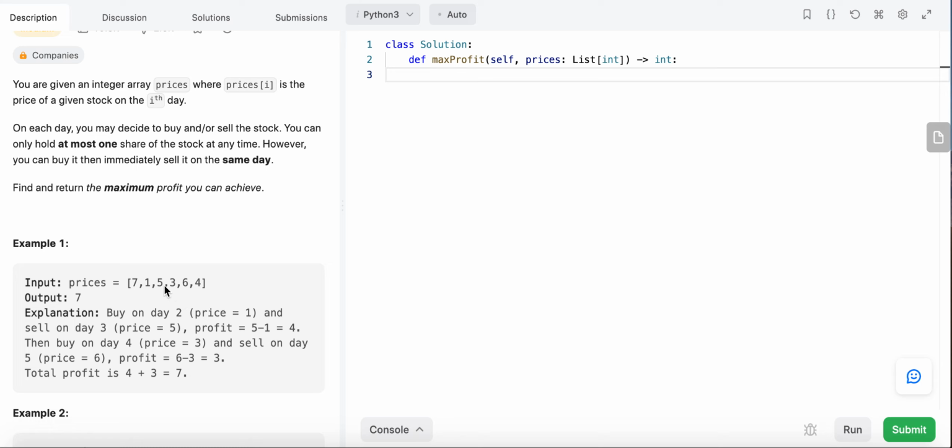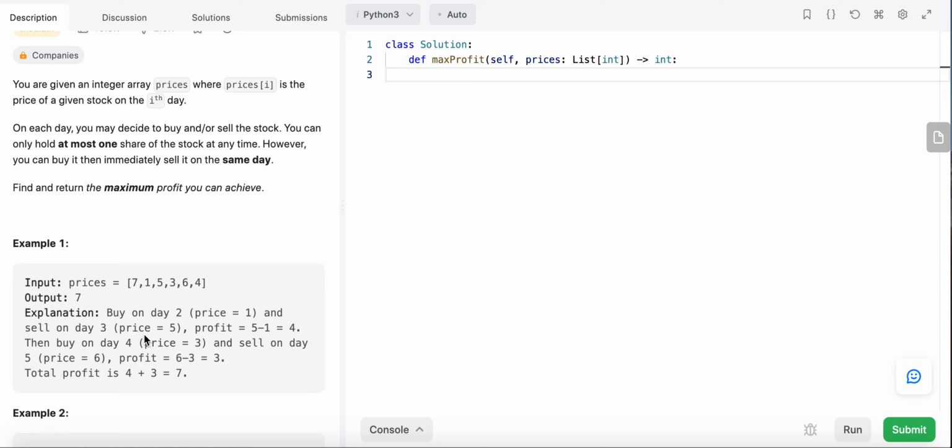So later we find there's a better option, because on day 4 the price equals 3. So if we purchase on day 4 and then sell it on day 5, we make a positive profit of 3. So in that case, we accumulate the total profit of 7.